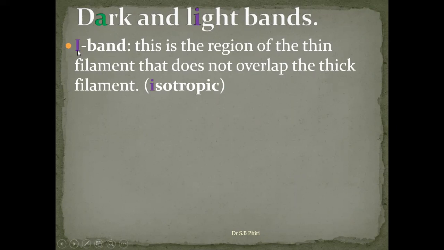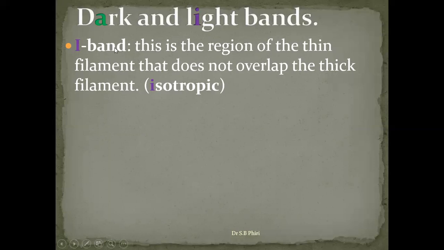No. The letter I comes from the way this part of the muscle is going to respond to polarized light. It responds isotropically. Iso means the same. Isotropic starts with an I. So this is called the I band.